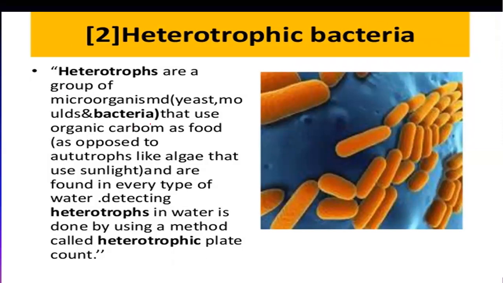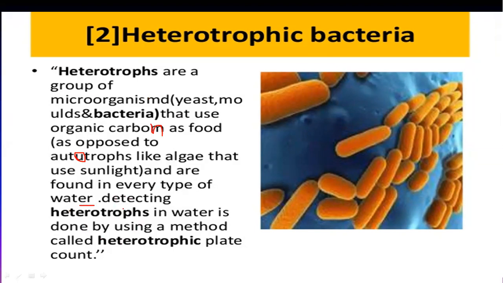That means these are bacteria which do not make their own food, but use food from other organisms. And they are found in every type of place in the water.